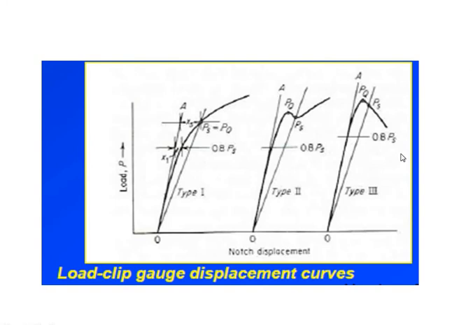After that there is a pop-in, and after the pop-in once again there is no rise. So this is for very brittle, elastic materials. Type 2 is for a mixed kind: PQ goes, then it drops below PS and rises again. So these are the three different types of materials, type 1, type 2, type 3.